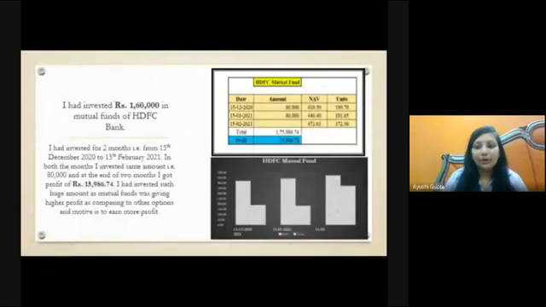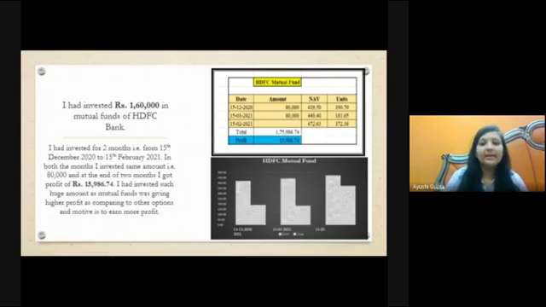So that comes out to be 1,75,986.74, and the profit I calculated was the total minus the money I have invested: 1,75,986.74 minus 1,60,000. So the profit I got is rupees 15,986.74 for a 2-month investment.